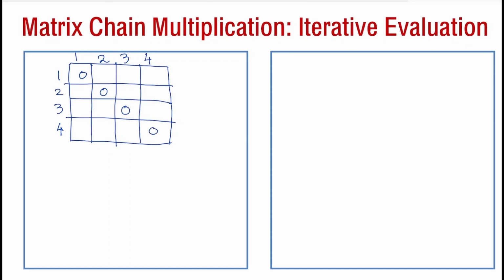And therefore, after computing these, we will compute this in the second step. Then we will compute this in the third step, and we will compute this in the final step. And this M14 will give me my optimal solution. So in order to get my M14 optimal solution, I now have to develop an iterative algorithm.